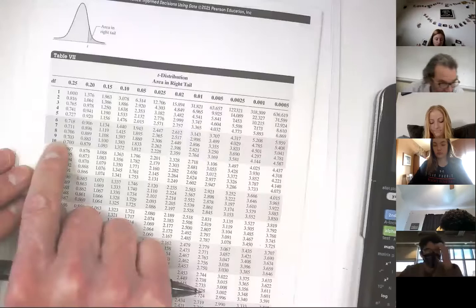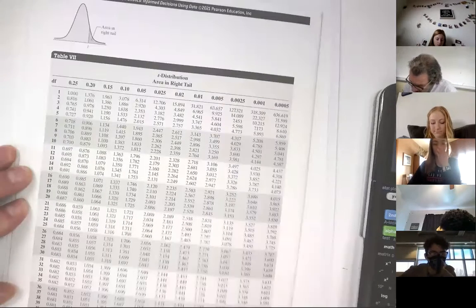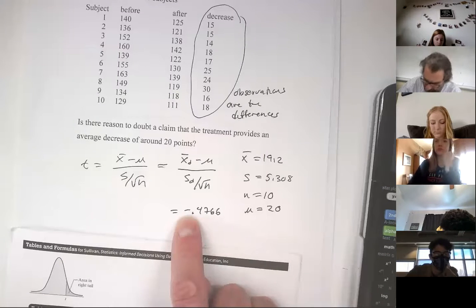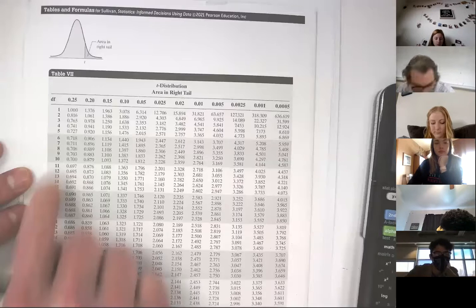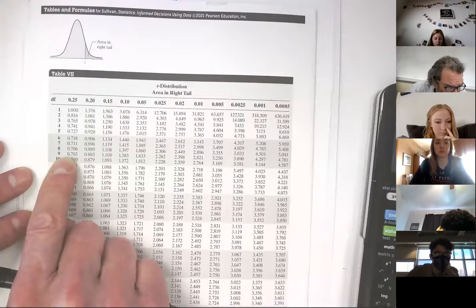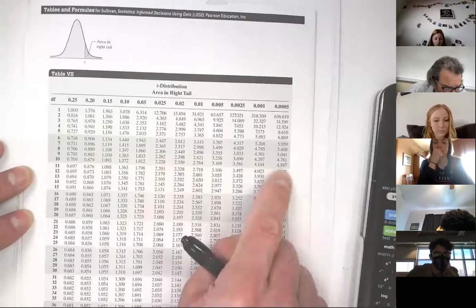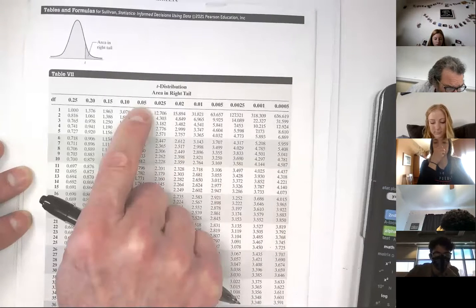Degrees of freedom is 9. And the value I got was 0.476. We discard the minus sign for looking up tail probabilities. So I'm looking for 0.47. It's not here any place. So as we move this way, the area in the tail grows. Here's the area in the tail here.